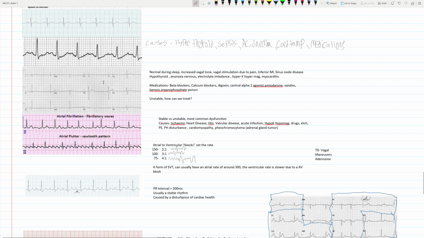The good way to remember pacing: if you've ever gone for a run before, if you were ever in the military, if you run a little slow on your test, or you just want to run a little bit faster, or if you're running the Olympics, you're going to want a pacer to set the pace for you. So you want your heart to beat faster, so we're going to set the rate for you. We're going to say how fast you're going no matter what, okay? So go and put some pads on the patient, crank it up to whatever rate you want.